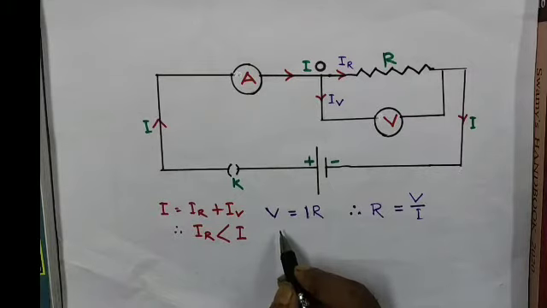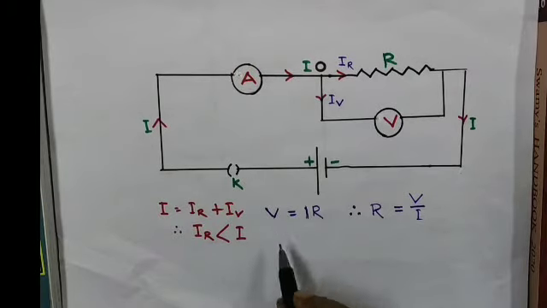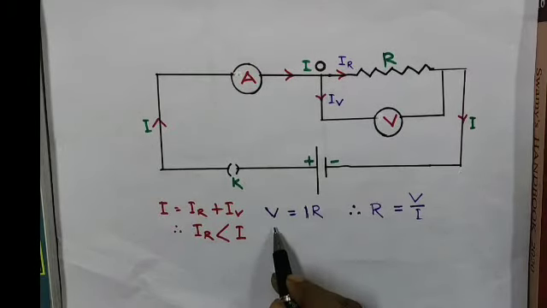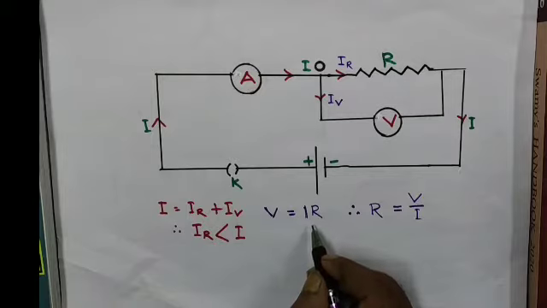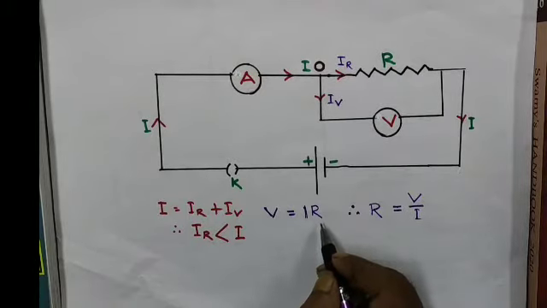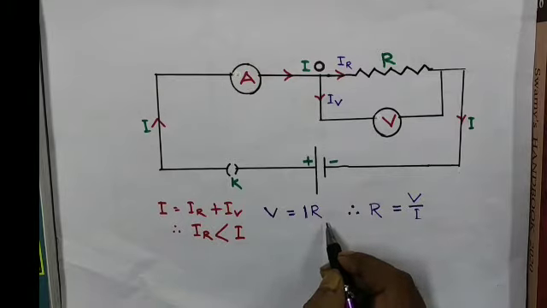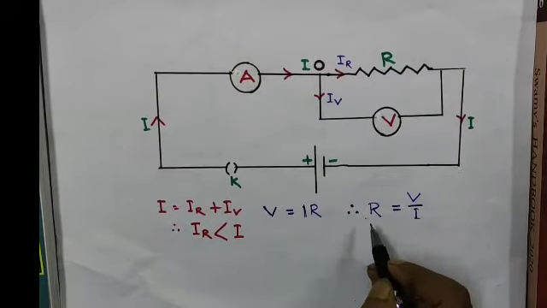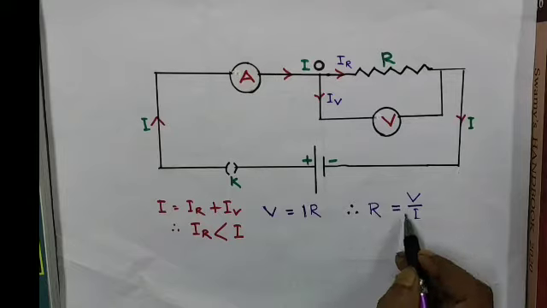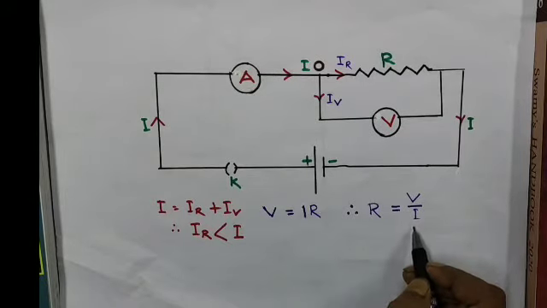It is V is equal to IR, where V is the potential difference between the two ends of a conductor, I is the rate of flow of current through that conductor, and R is the resistance of that conductor. So from there we get R is equal to V by I.